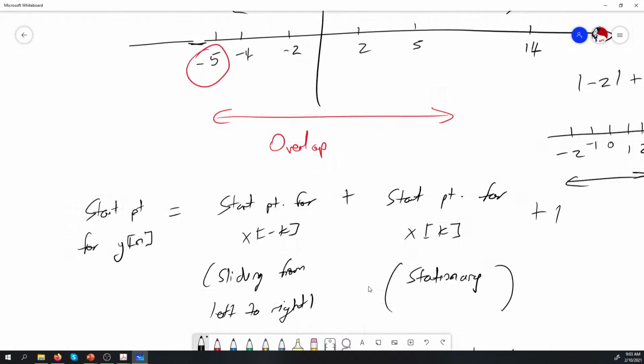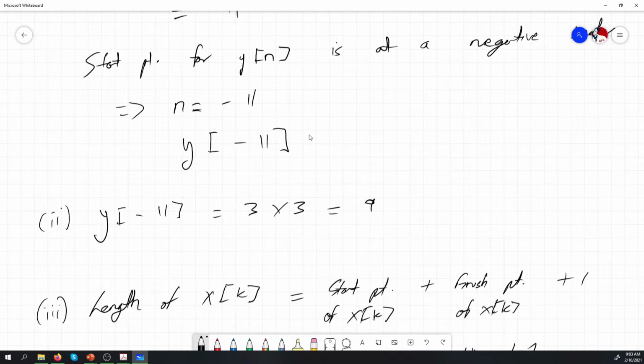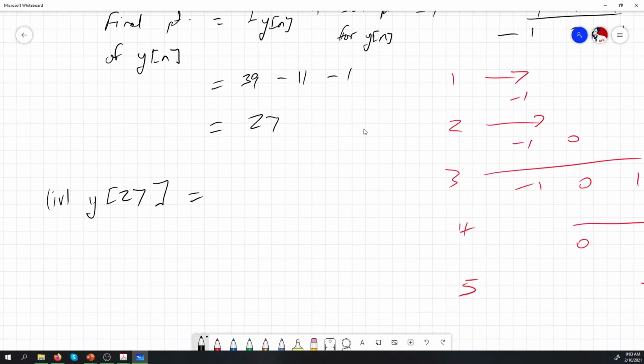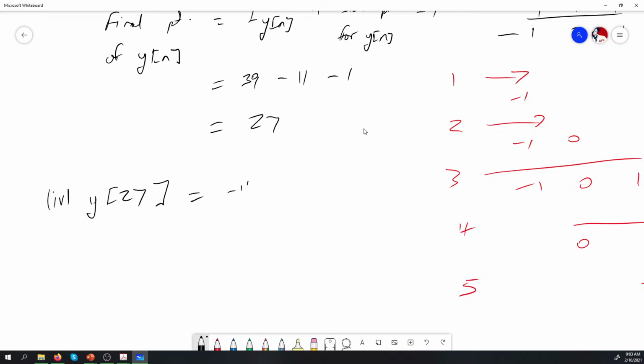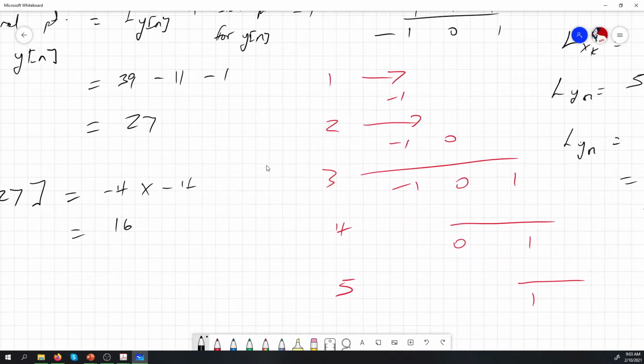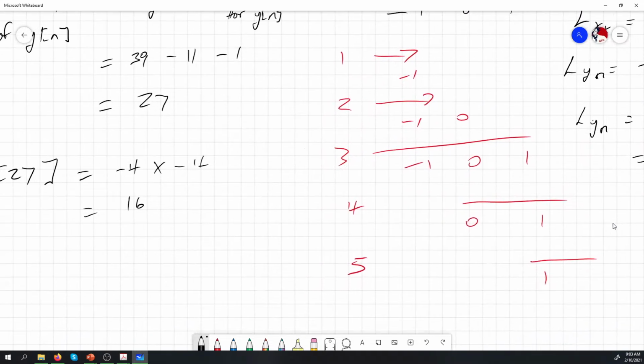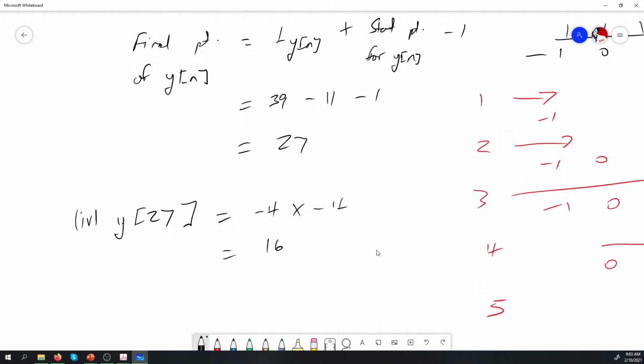So that's going to be minus 4 all squared. Minus 4 multiplied by minus 4 gives us a value of 16. Right. That basically gives us the correct solution here for question 5 in particular.